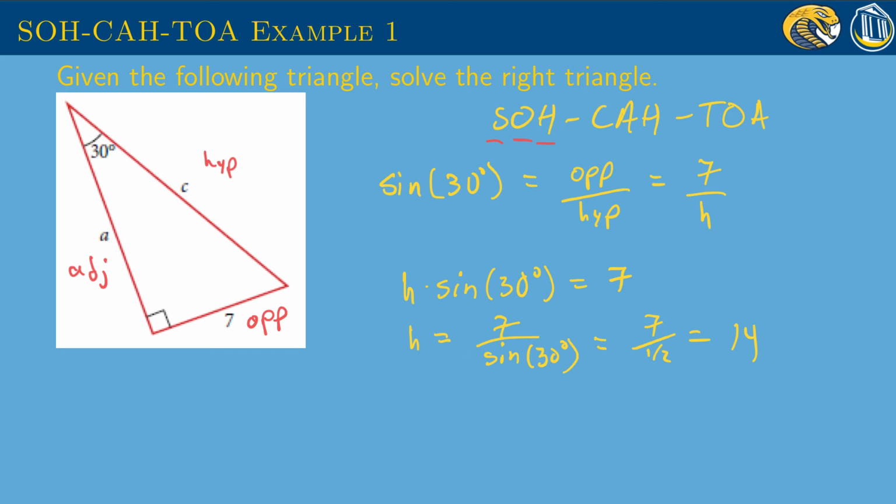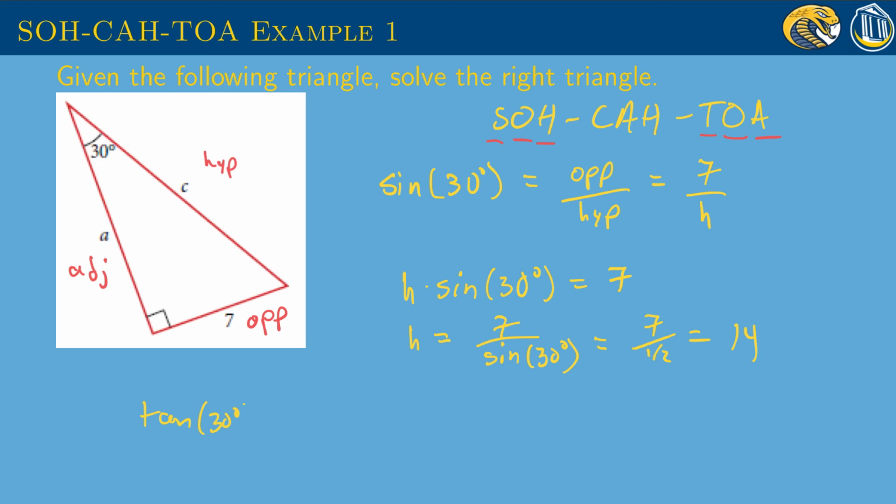We can do a similar process to solve for the adjacent side. We'd be looking for a trig function that has opposite and adjacent in it, since we know the opposite side and want the adjacent side. And it turns out that that is going to be tangent, since tangent is opposite over adjacent. Let's write that.